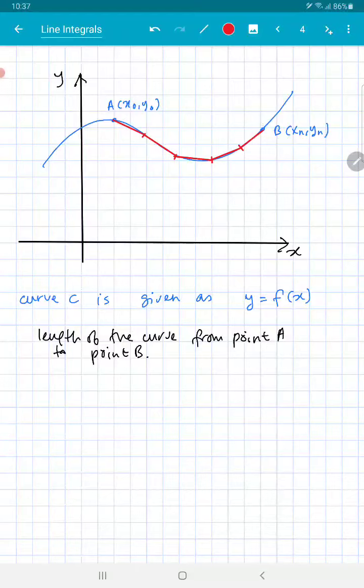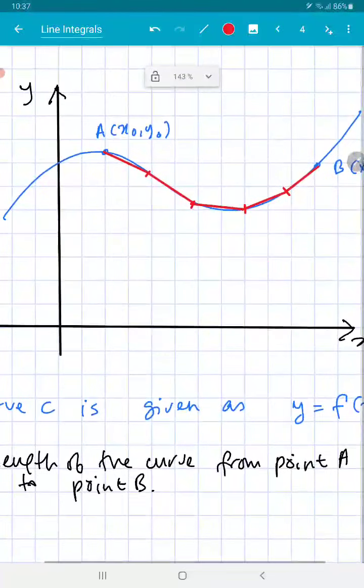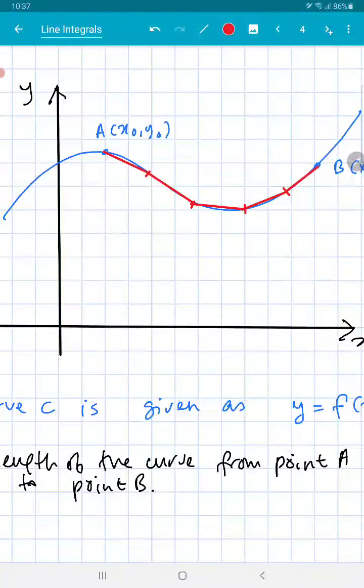From high school, we know how to find the length of a line on an xy plane by using Pythagoras theorem. Now let's concentrate on one of the line segments.